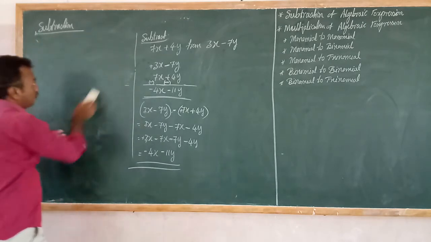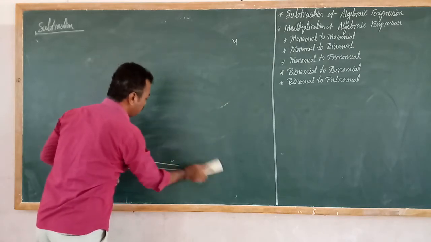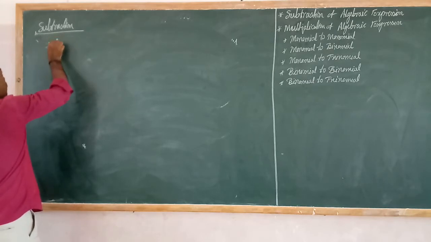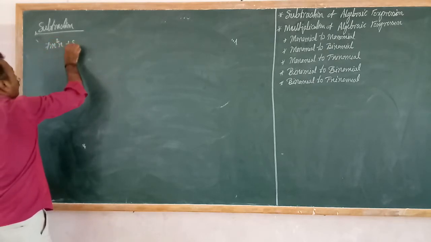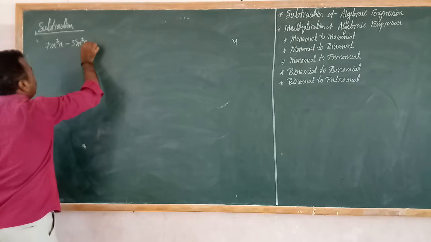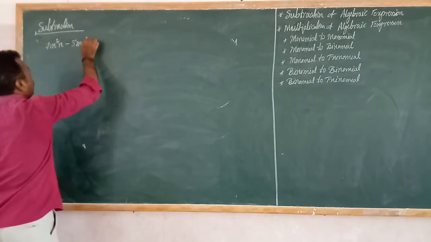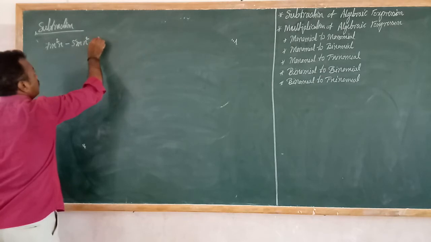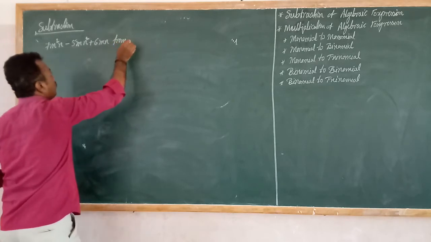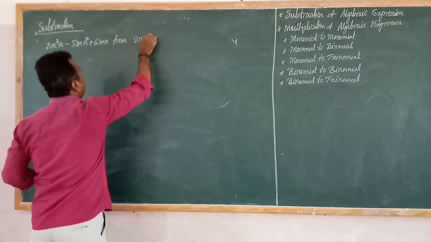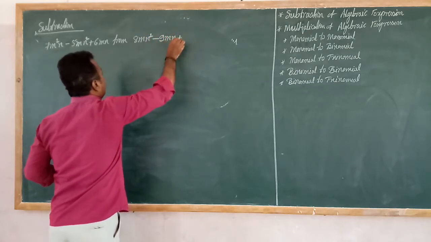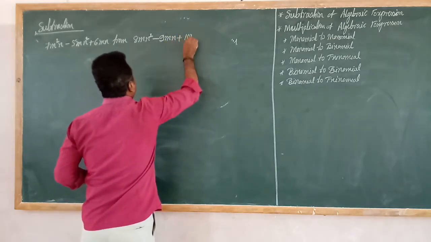So one more thing. 7m square n plus 5 minus 5m square n... mn square plus 6mn from 8mn square minus 9mn plus 10m square n.